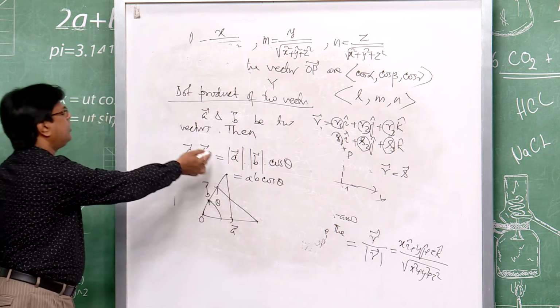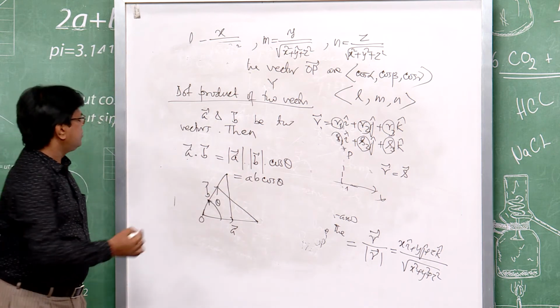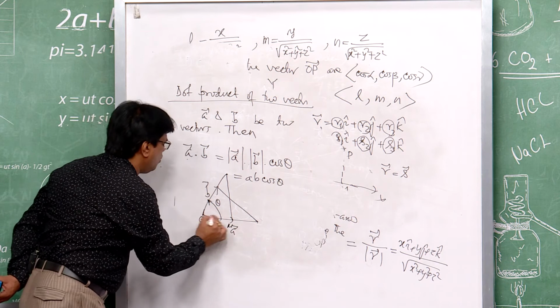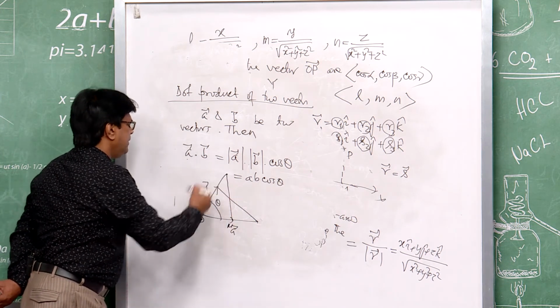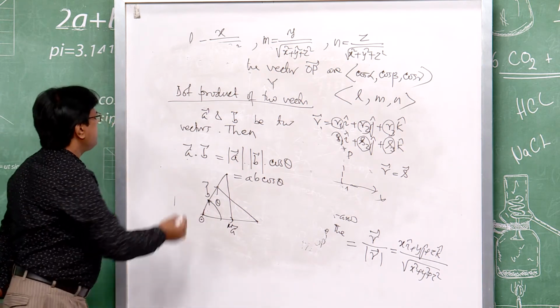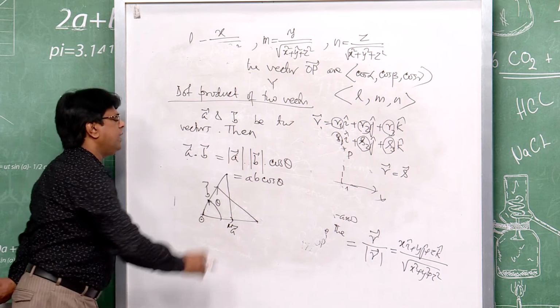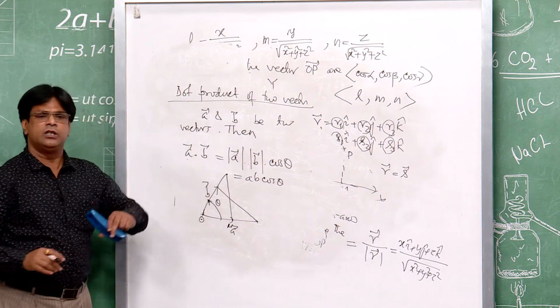From this we can find out AB cos theta. Suppose this is your M, OM, you can find cos theta is equal to OM by OB, that is your B vector. Similarly, A dot B is equal to magnitude of A into magnitude of B into cos theta. This is your dot product of two vectors.